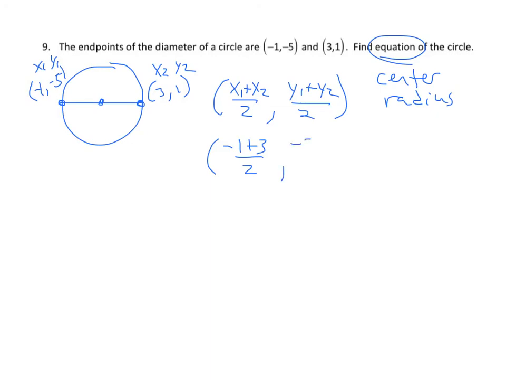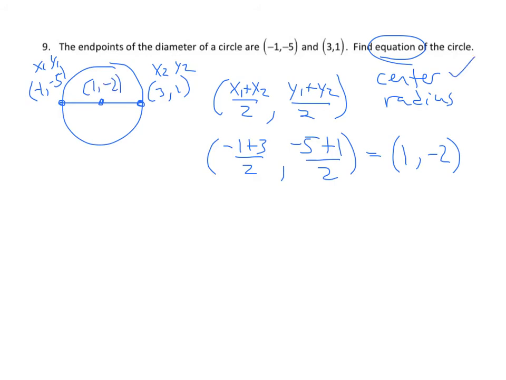Add the y's, -5 plus 1 divided by 2. And we simplify. -1 plus 3 is 2 divided by 2, which comes out to 1. And -5 plus 1 is -4 divided by 2 is -2. So the coordinates of the center of the circle would be 1, -2.